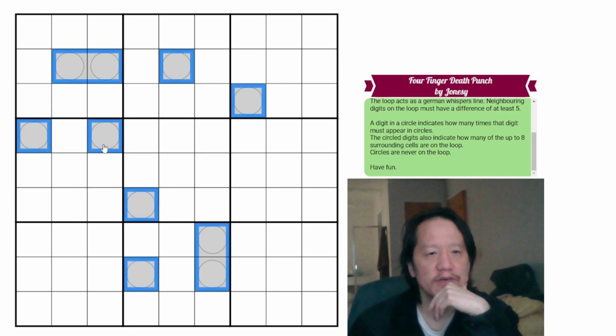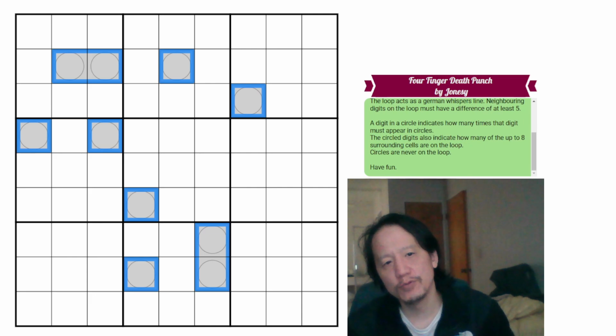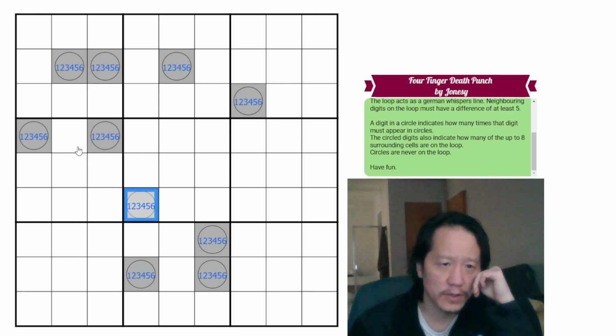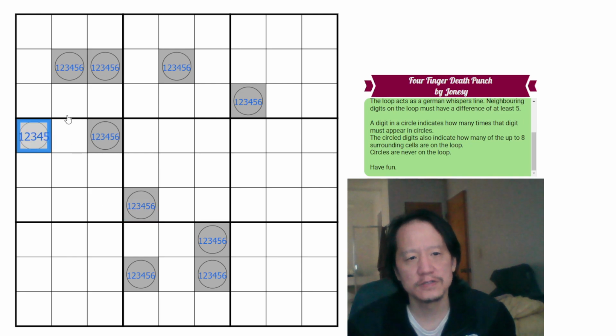They all have at least 1, so it could be 1 through 6. Obviously this can't be 6. Could it be 1? It's not really possible for this to be 1, right? This could go along here.